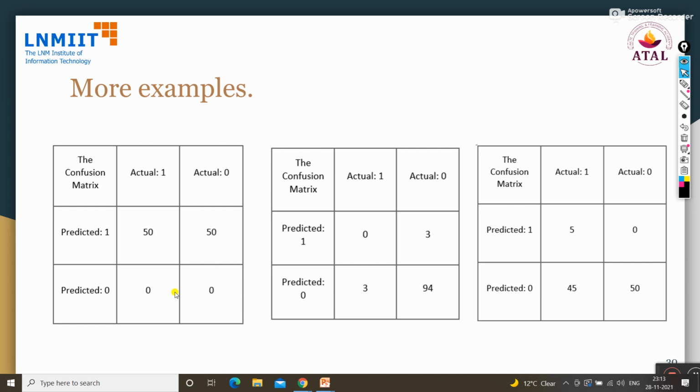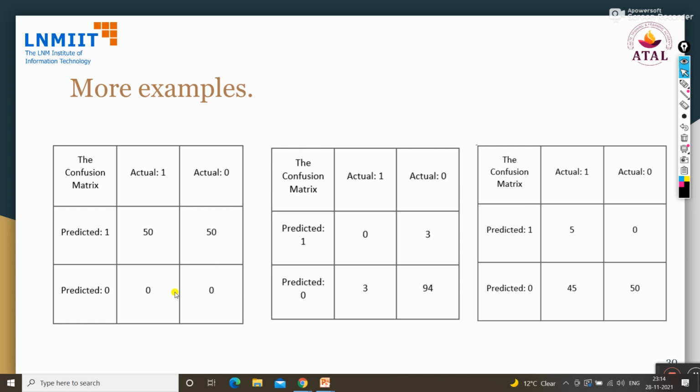So precision is 50 upon 50 plus 0, which is 1, that's good. When we talk about recall, recall is equal to true positive upon true positive plus false negative. True positive is 50, false negative is 0, so that is again 1.